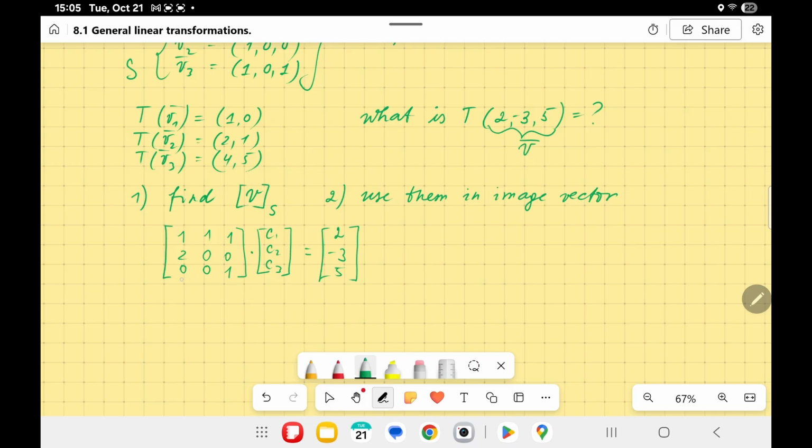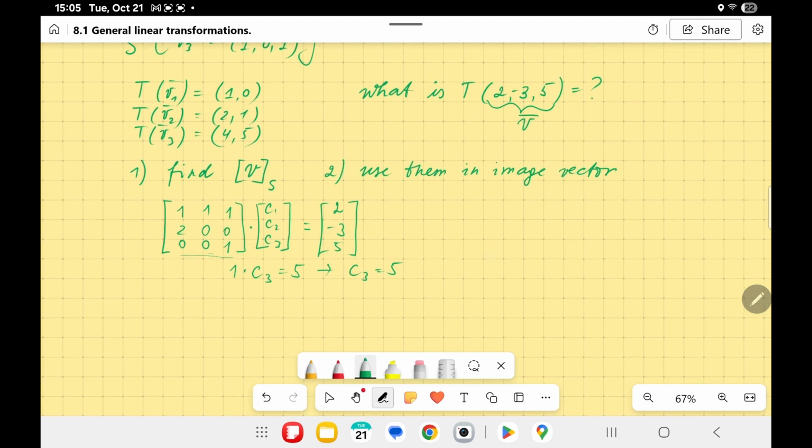Looking at the last row and this column, 1 multiplied by C3 equals 5, so my C3 equals 5. Then 2 multiplied by C1 equals minus 3, using the second row, from where C1 equals minus 3 over 2.